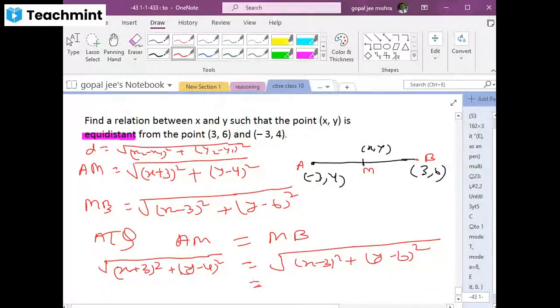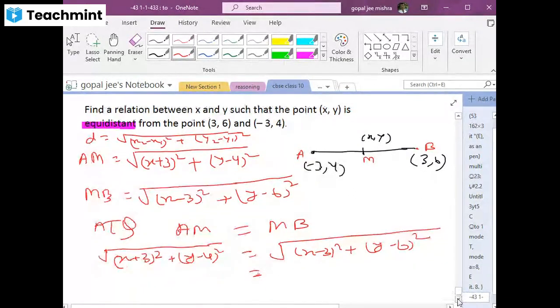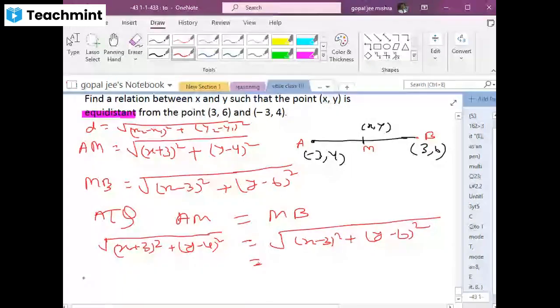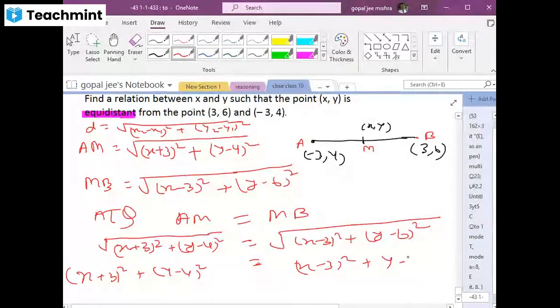Now see here, beta, both sides have square roots. They can be removed by just squaring LHS and RHS. You can observe (x plus 3) whole square plus (y minus 4) whole square is equal to (x minus 3) whole square plus (y minus 6) whole square.